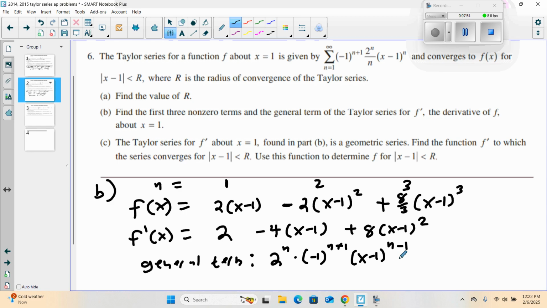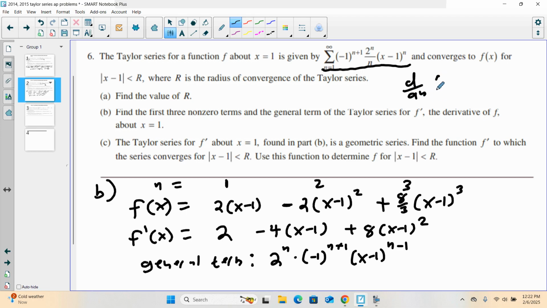So this is one way to think about that general term: if this is my sequence of terms, what kind of formula would generate that? Another way to get that formula is by looking here and taking the derivative with respect to n of the part that has x in it. So the derivative of x minus 1 to the n would be n times x minus 1 to the n minus 1.